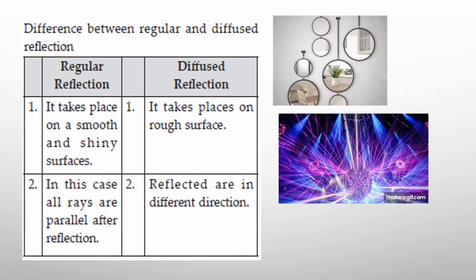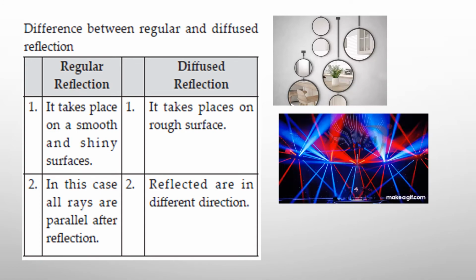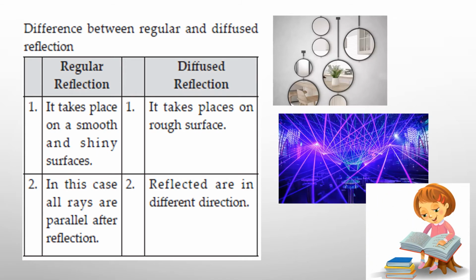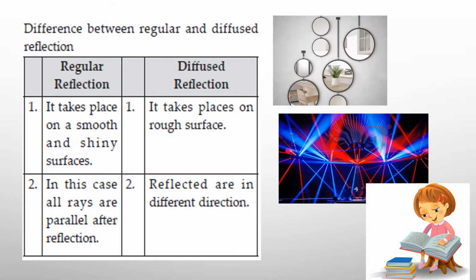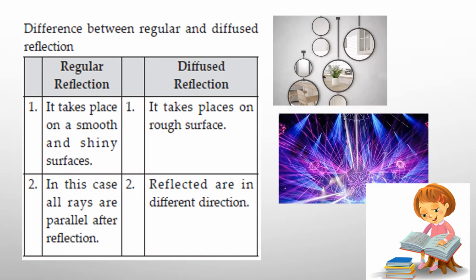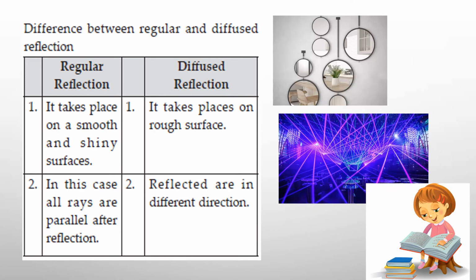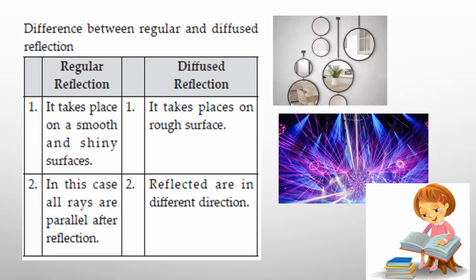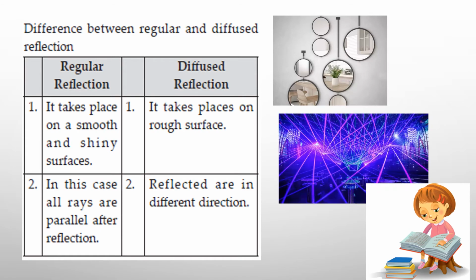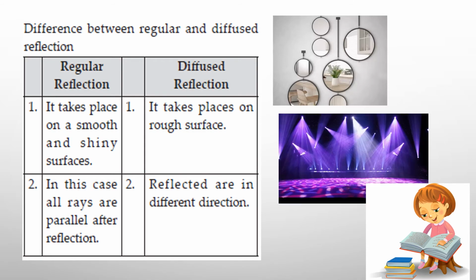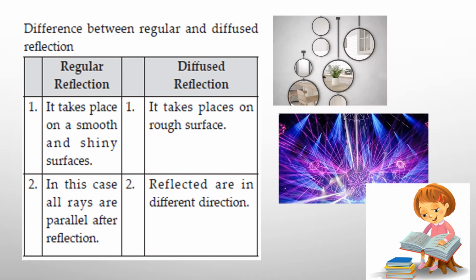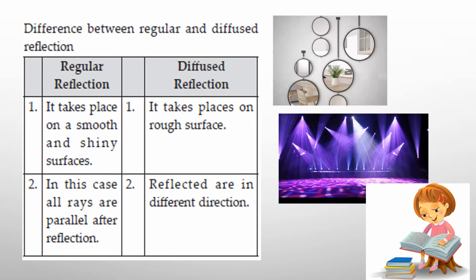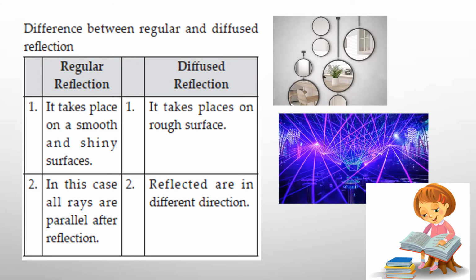This is also an application of reflection. Also, you can read the letters in a book by keeping your eye in any direction, and you can observe your surroundings very well as a result of diffuse reflection. So these are some instances where we make use of the process of reflection.